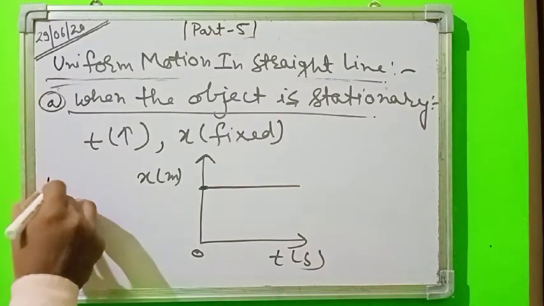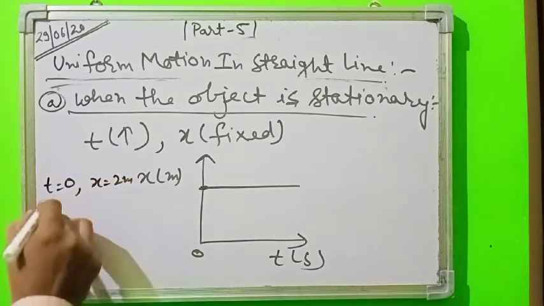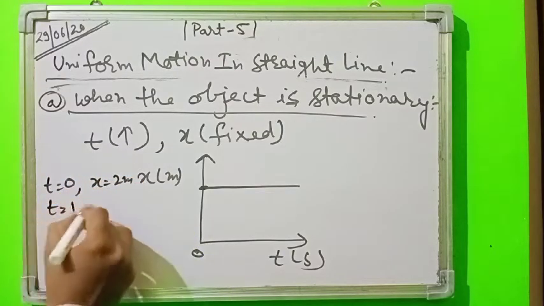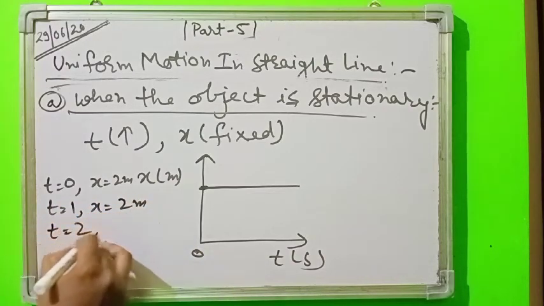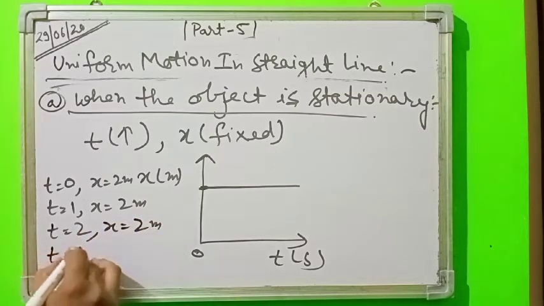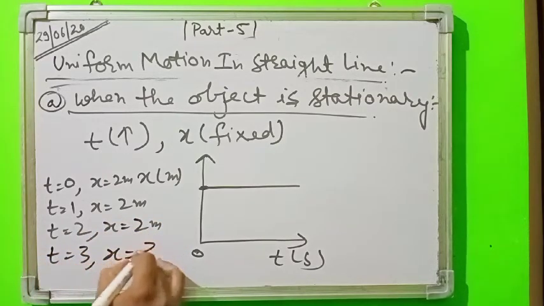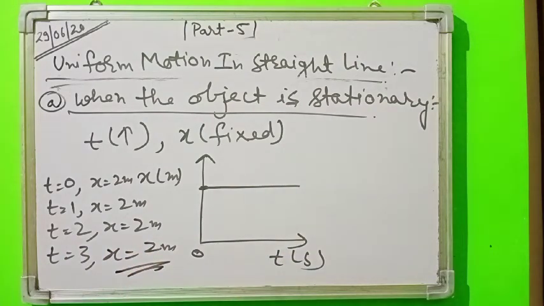At t equal to 0 second, x is equal to 2 meter; at t equal to 1 second, x is equal to 2 meter; at t equal to 2 second, x is equal to 2 meter; at t equal to 3 second, x is equal to 2 meter. So this is the fixed graph, the graph for a stationary object.